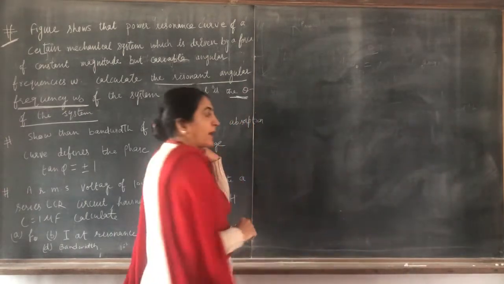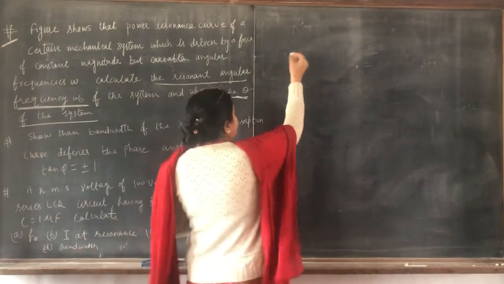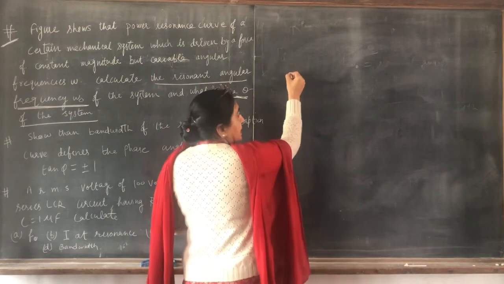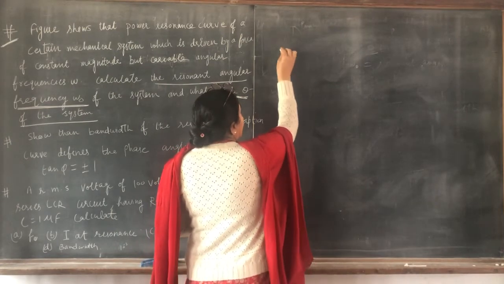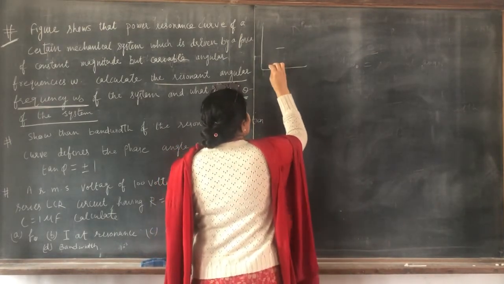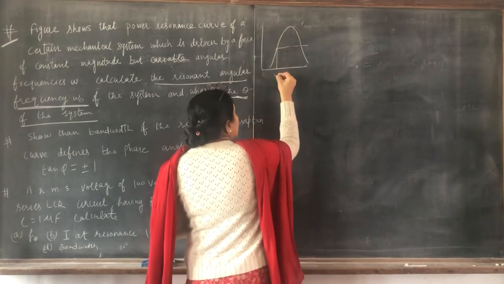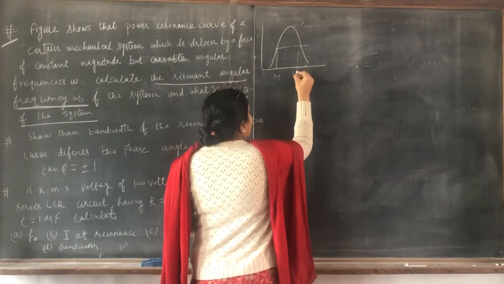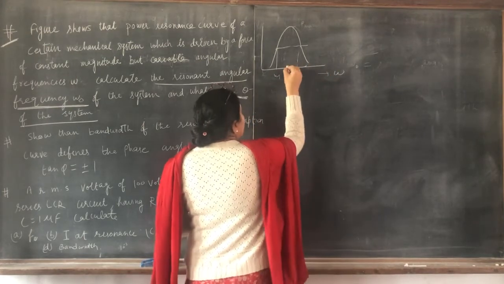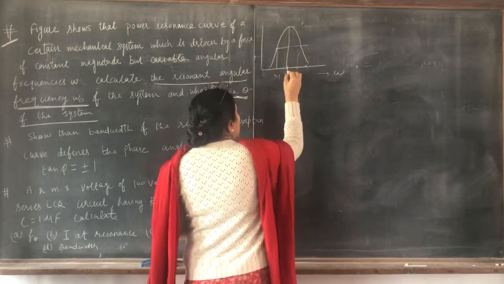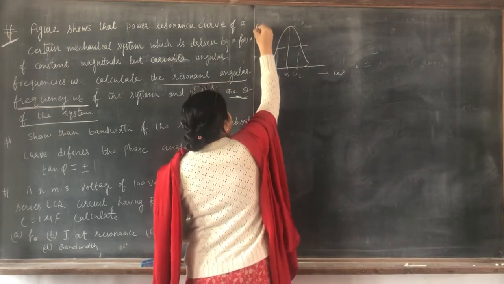How can we find this out? We know that at the resonant frequency omega naught, and at these two frequencies, omega 1 and omega 2, this is omega, here is omega naught, here is average power.